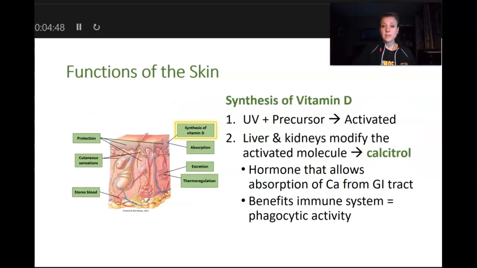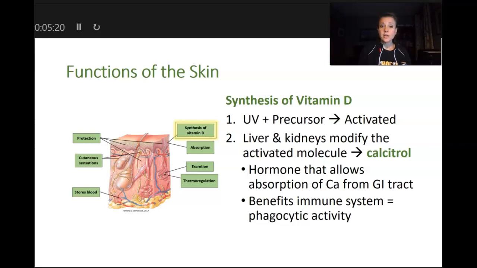And then finally, our skin is responsible for helping our bodies to synthesize vitamin D. So when ultraviolet radiation strikes a precursor to vitamin D, it is going to activate that precursor into vitamin D. Then the liver and the kidneys are going to modify that vitamin D in order to form a hormone called calcitriol.